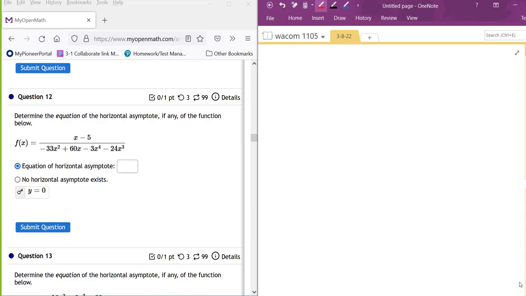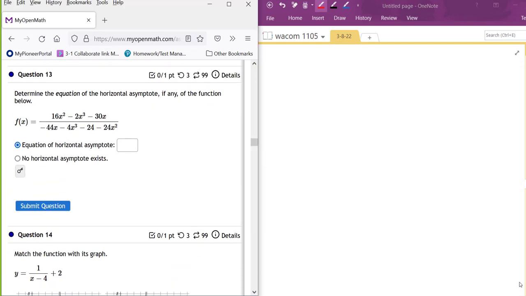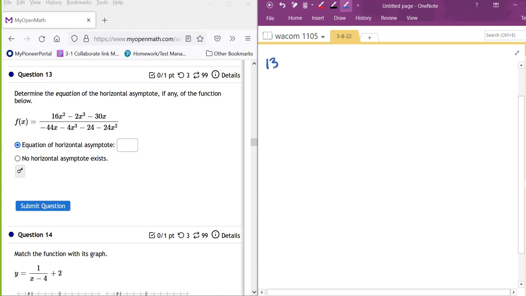And also I have 13. So they try to make them look really mean, but when it asks about the horizontal asymptote, it's actually a very easy question.